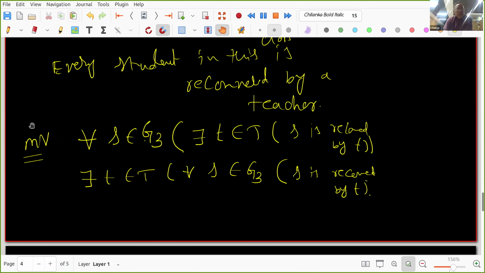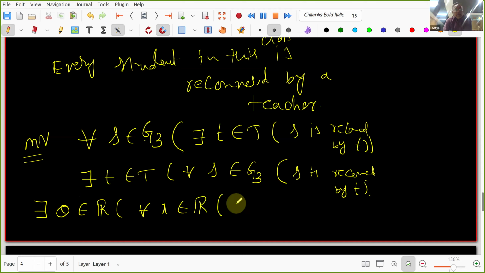Okay. See, you have studied these. I'm just telling you. Do you come across this? There exists a theta belonging to R such that, given any real number x, x plus theta is equal to x. Have any of you come across this?